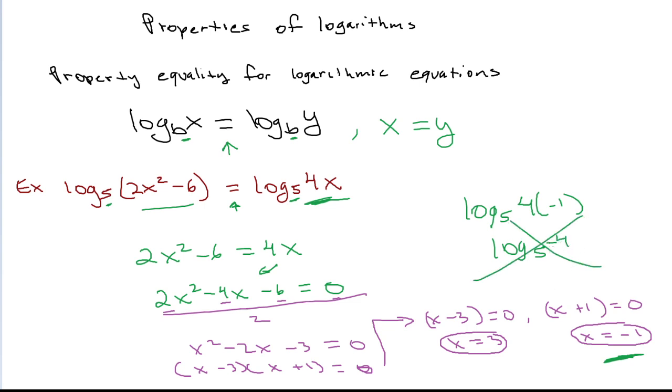We can never have a logarithm of a negative number. So even though this was a solution down here, this is what we call an extraneous solution, which means even though it was a solution, it does not make sense. So in this case, the only answer is x equals 3. Okay, I hope that makes sense.